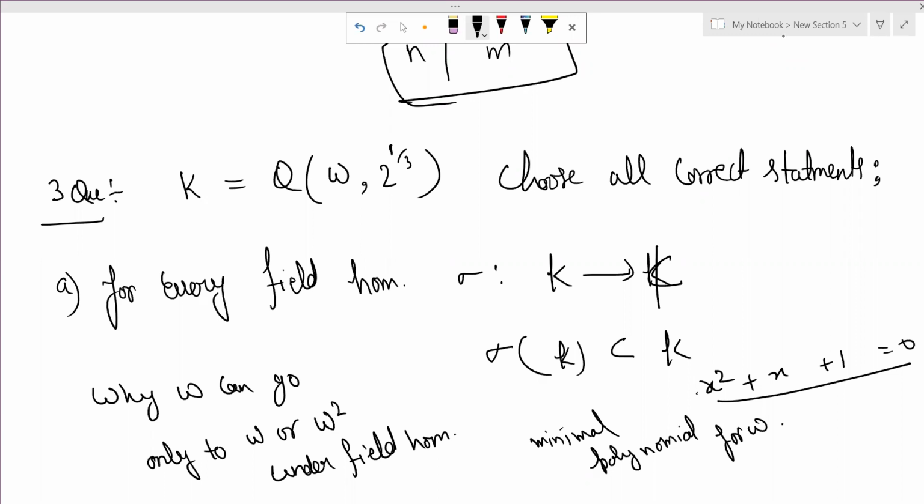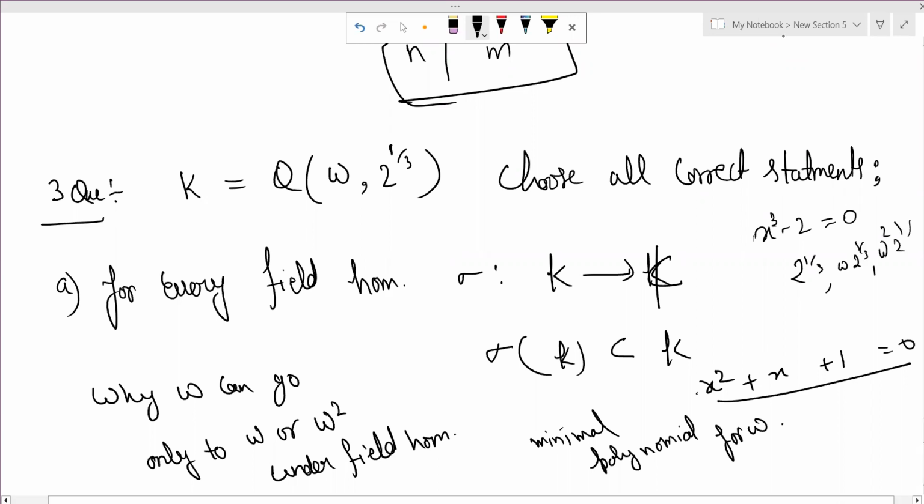Similarly, what is the minimal polynomial for 2 to the power 1 by 3? Tell me. X cube minus 2 is the minimal polynomial. So where can 2 to the power 1 by 3 go? It can only go to its roots: 2 to the power 1 by 3, omega times 2 to the power 1 by 3, and omega square times 2 to the power 1 by 3.